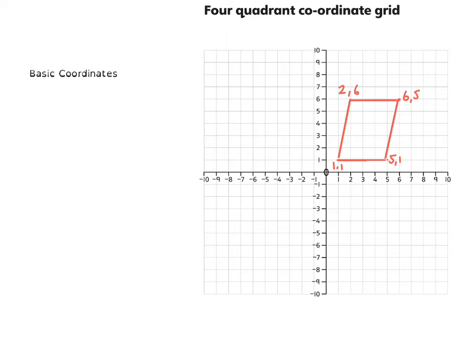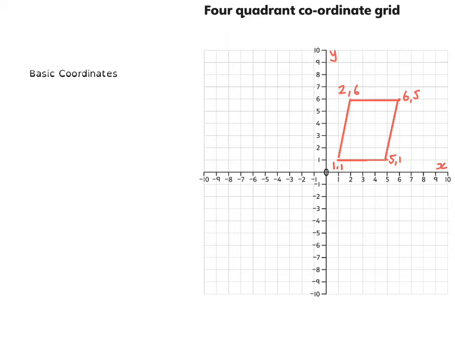So these are coordinates, and often we would call this line here the x-axis, and this one we would call the y-axis. Isn't that fascinating? And you will find that the way we label these corners, these vertices, is we put the x value first.